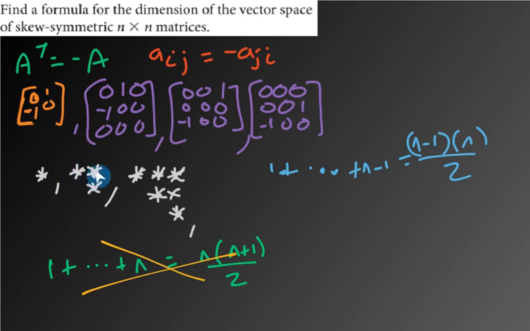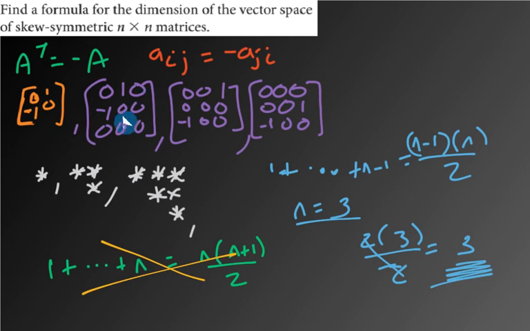We know that we should need 3 basis vectors for a 3 by 3 that's skew-symmetric. So if we plug in 3 for n, just checking it, you would get 2 times 3 over 2, so that would cancel, and you get 3.